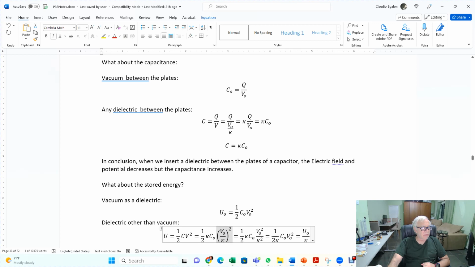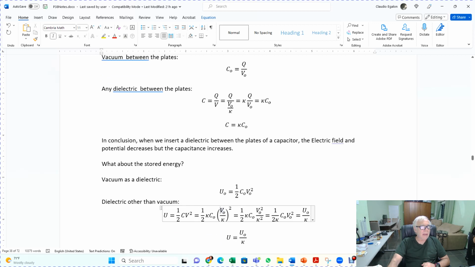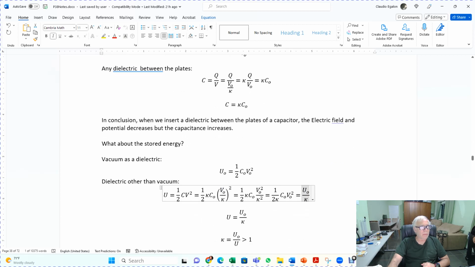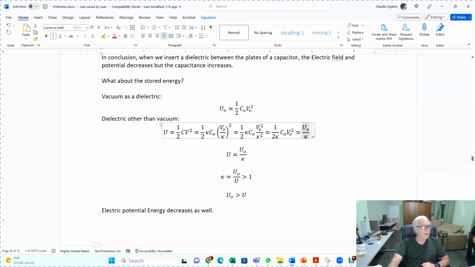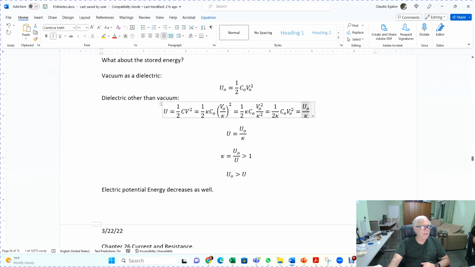Because this term is squared, the final energy stored is going to be less by a factor of kappa, right? You square this term here, you get V naught squared over kappa squared. Kappa squared cancels out with kappa, and we have a decrease in the energy by a factor of kappa. So electric potential energy decreases as well.